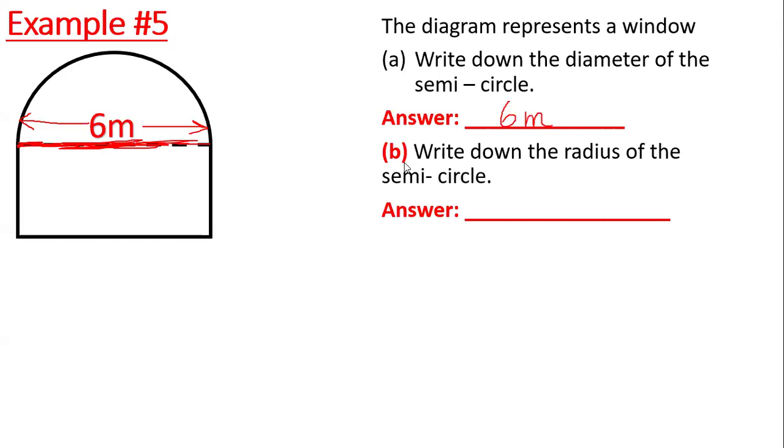Because 3 is half. She divided 6 by 2. Yes. Because 6 divided by 2 equals 3. Very good. So we divide: 6 meters divided by 2. And 6 divided by 2 is what? 3. So it's going to be 3 meters.